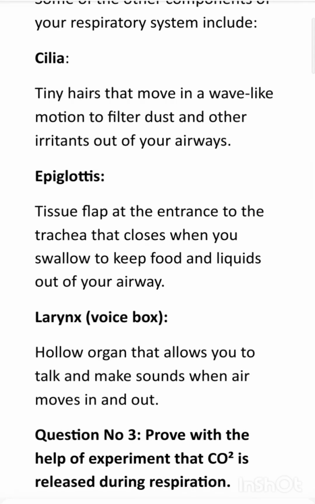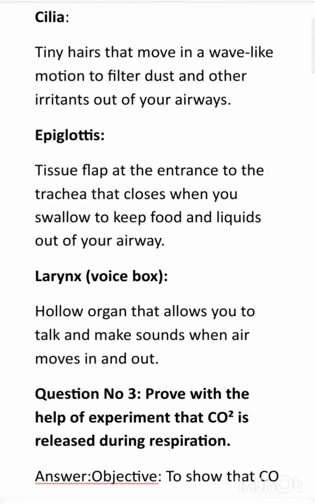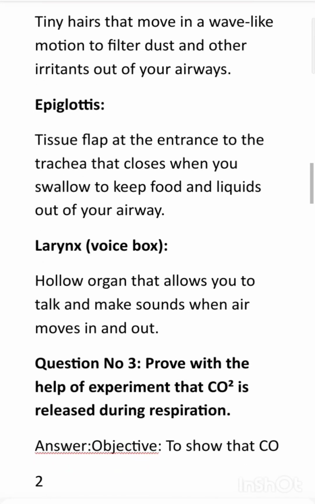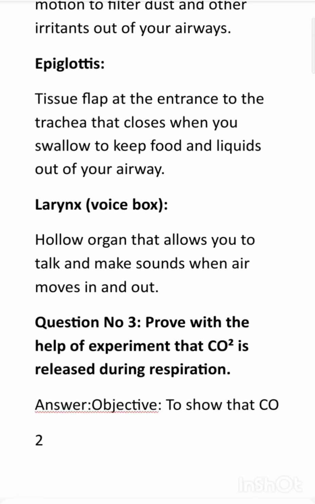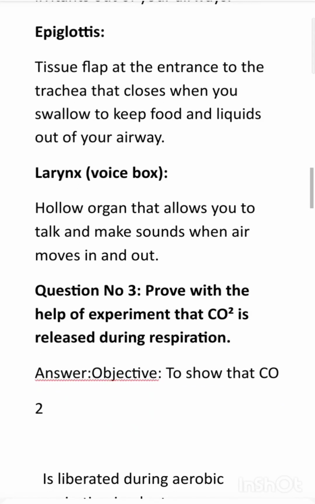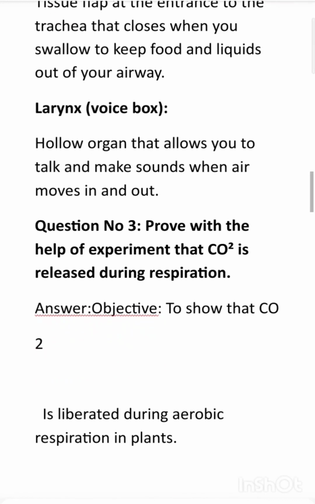Epiglottis, a tissue flap at the entrance to the trachea that closes when you swallow to keep food and liquid out of your airways. Larynx, the voice box, a hollow organ that allows you to talk and make sound when air moves in and out.